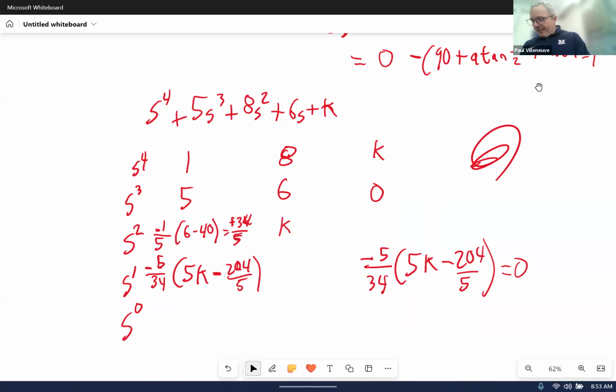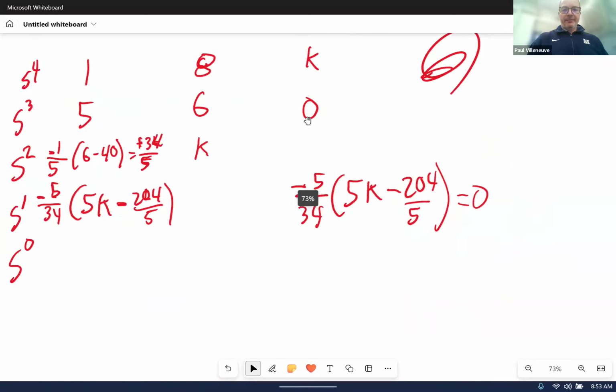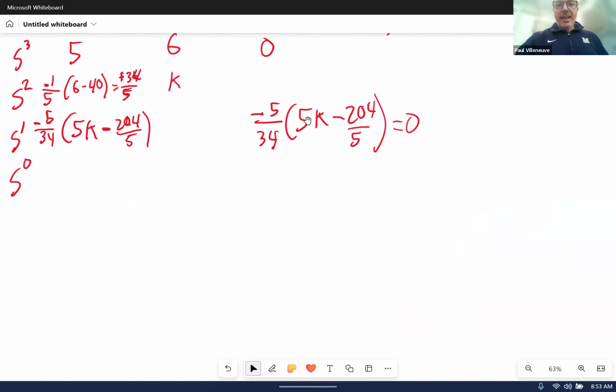When I do that for my Routh array, I see that K equals 8.16 is where it crosses.